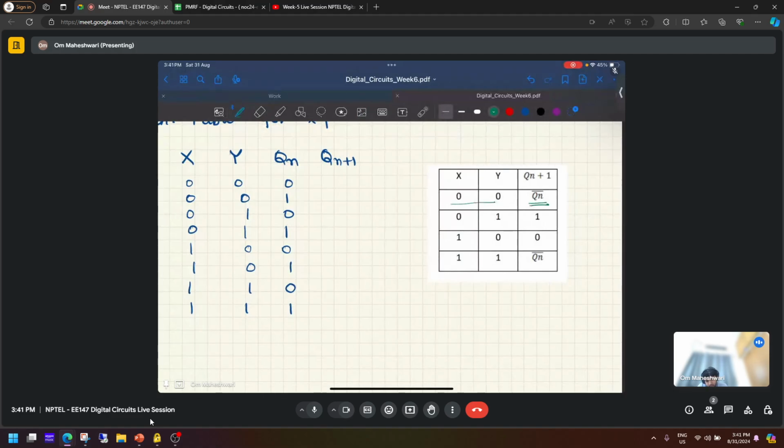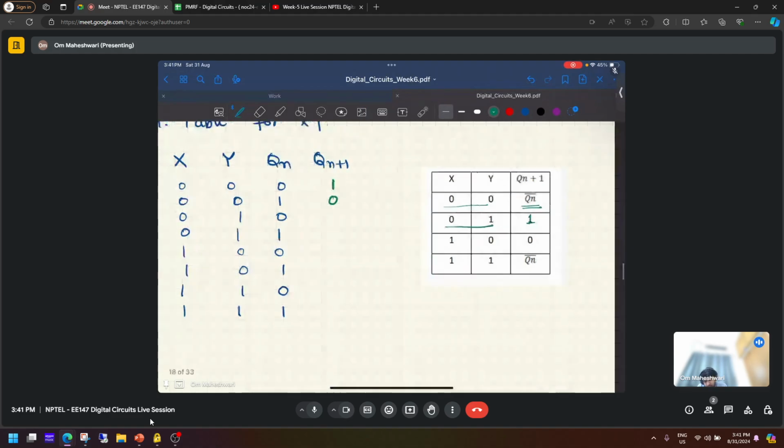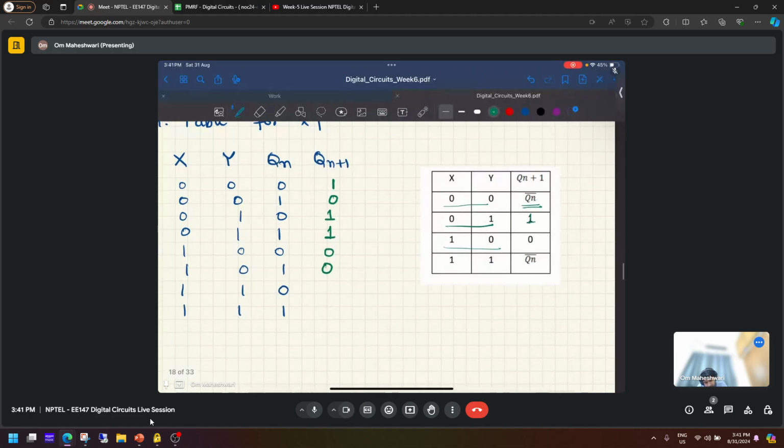Input 0 1, output is 1. Input 1 0, output is 0. Input 1 1, output is again Qn bar. We have written the characteristic table. I will remove this truth table for now.